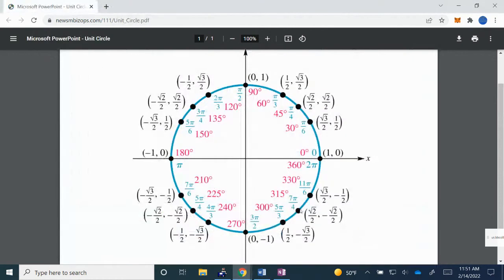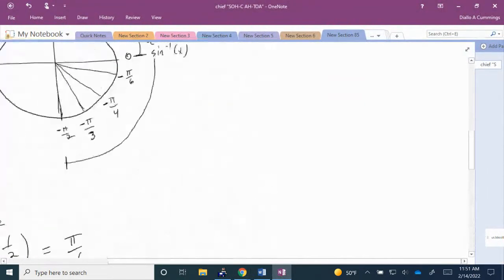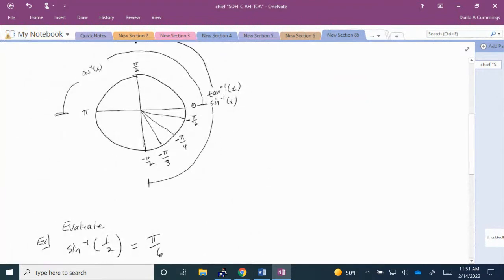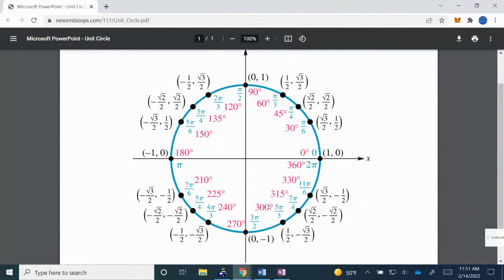And if I look at my unit circle, notice that 5 pi over 3 is 300 degrees. But I'm running into a slight problem because for the arc tangent, it must run between negative pi over 2 and positive pi over 2. So I can't use the 5 pi over 3.